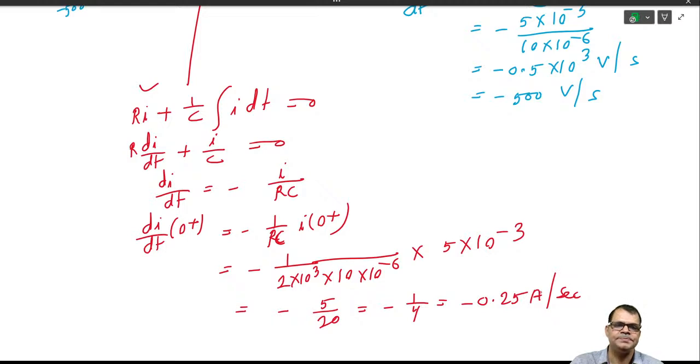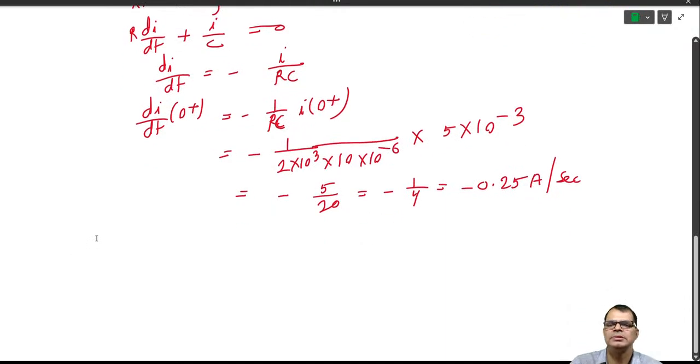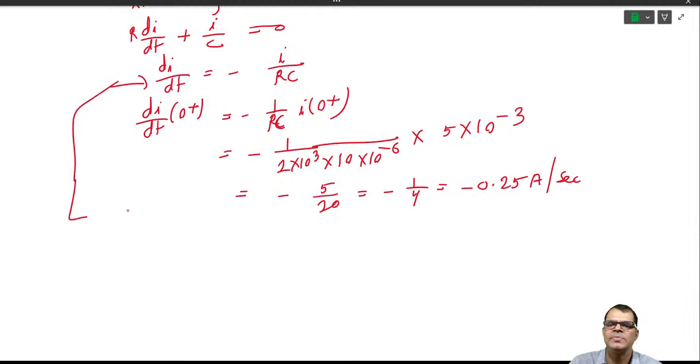Hope you got it. Now the question arises, this is the first derivative, the initial rate of change. Suppose we want to find d square I upon dt square. Very simple. Just again differentiate this equation, that is d square I upon dt square is equal to minus 1 upon RC di upon dt.